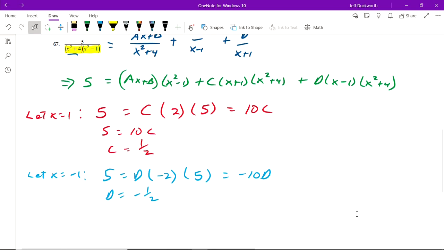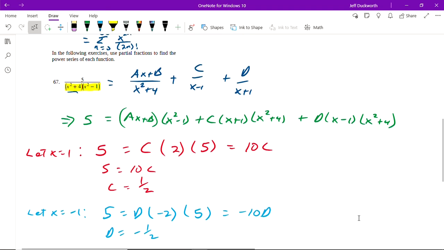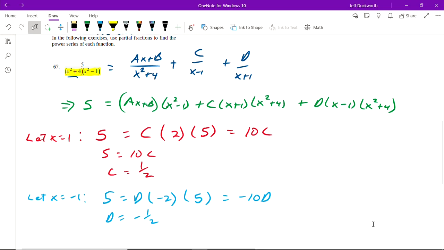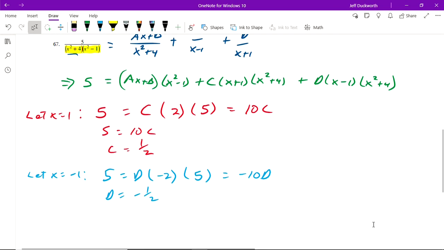All right. So we've got the c and the d. Let's take a look at the rest. We've got ax plus b. Well, the a has to be 0. Why is that?